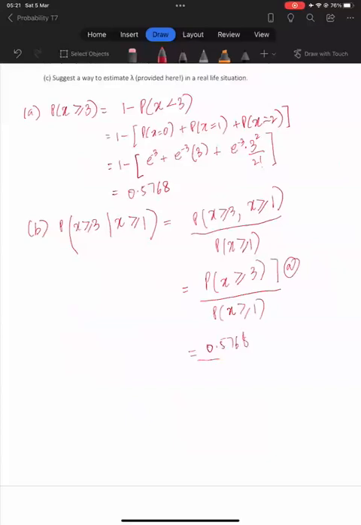And the probability x is greater than or equal to 1 is just 1 minus the probability x is 0, which is 1 minus e raised to the power minus 3, times 3 raised to the power 0, which is just 1.